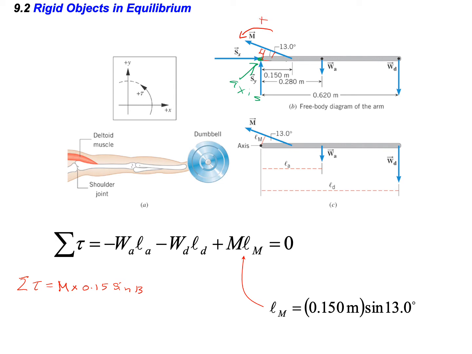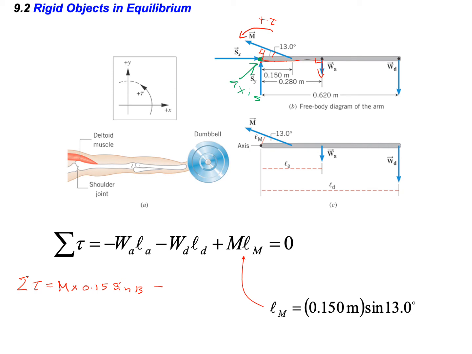This is a positive torque, and then you have a negative torque from the weight of the hand, which is given, and the lever arm, which is the perpendicular distance from the axis of rotation, which is 0.28.